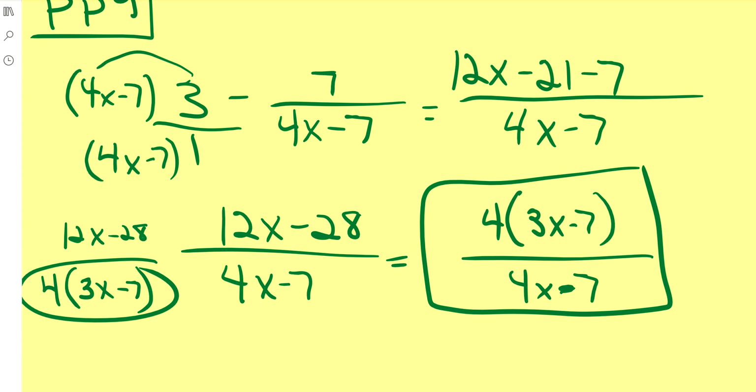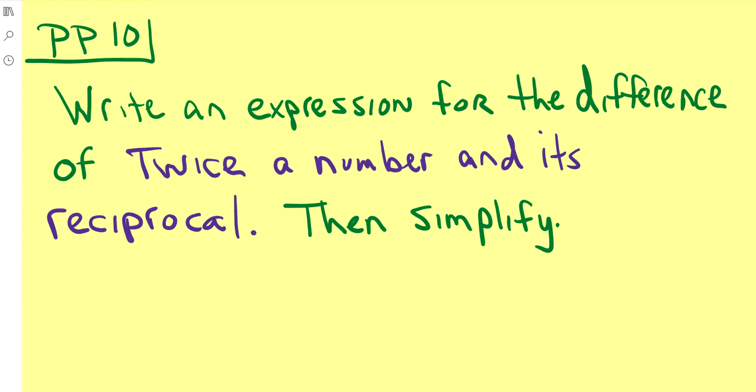Okay, that's that. And we got one more with practice problem 10. Okay, here it is. Number 10. It's saying, write an expression for the difference of twice a number and its reciprocal. Then simplify.